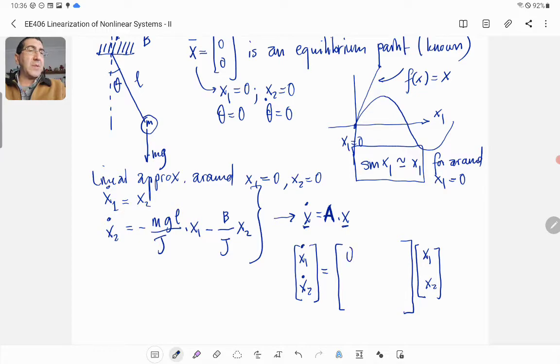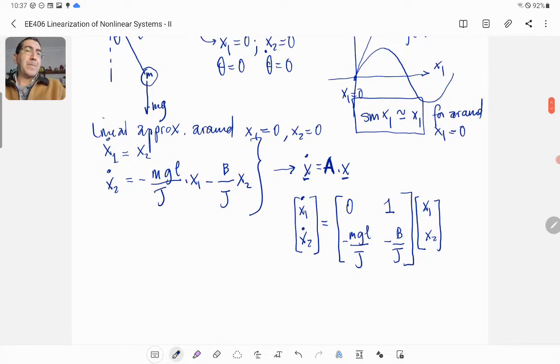So I will multiply the first state by 0, and the second state by 1. And in the second equation, I have a factor of x1 that is minus mgl over j times x1 minus b over j times x2, and that's going to be my linear approximation.